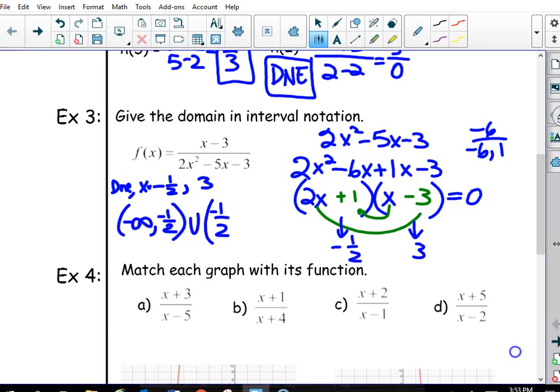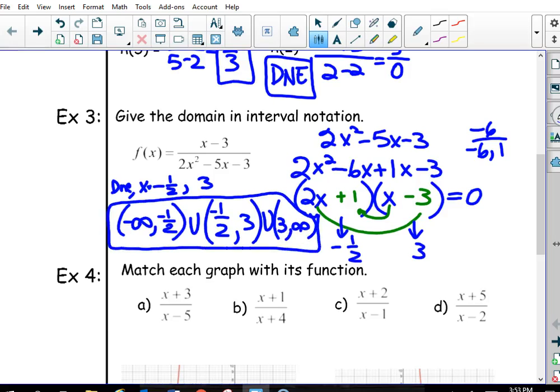Between -1/2 and 3, this function works. And lastly, between 3 and +∞. I got to kind of squeeze that in there. Ran out of room. Okay, I'm going to stop this video, and I'll start the next one.